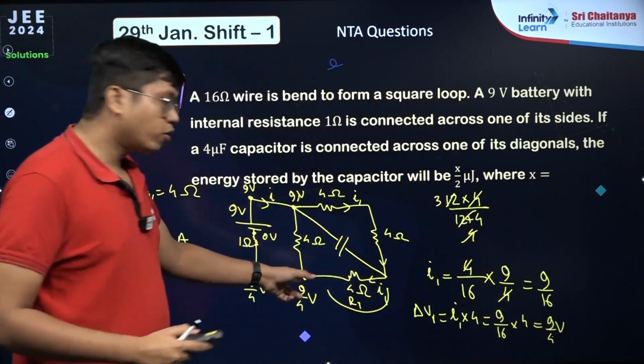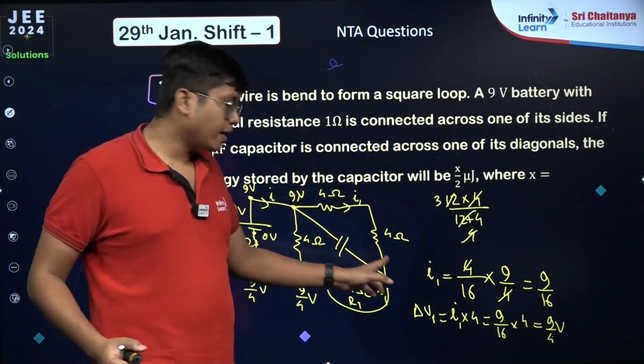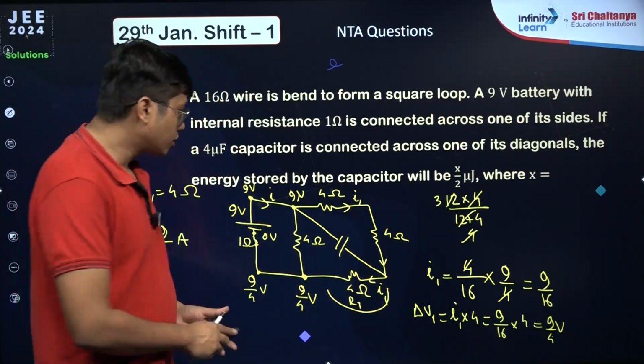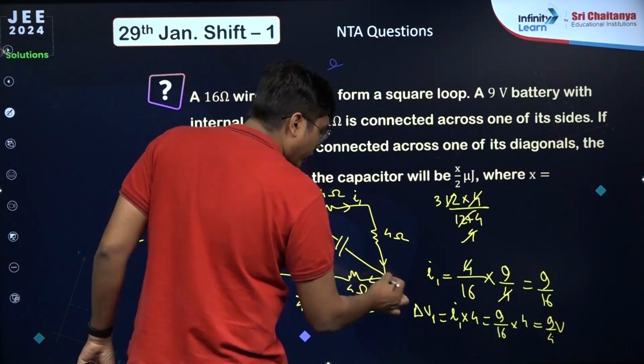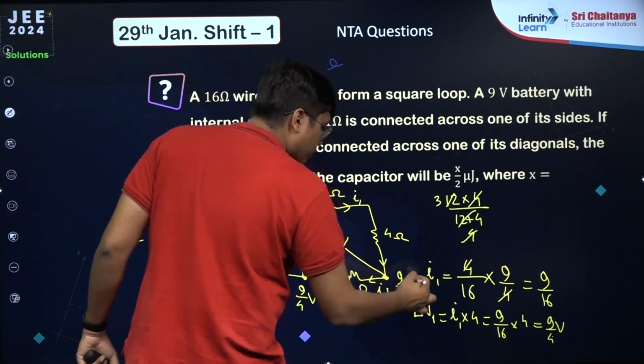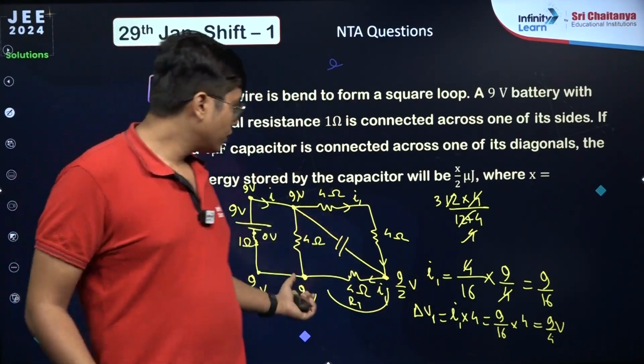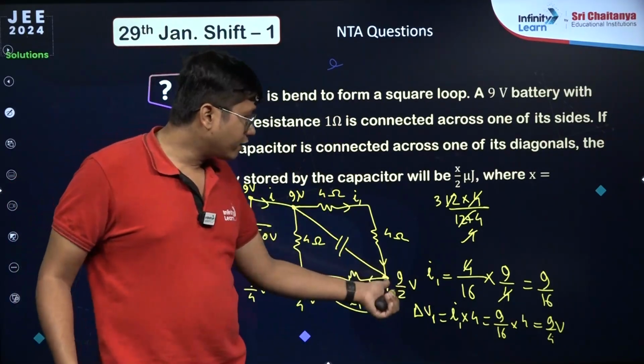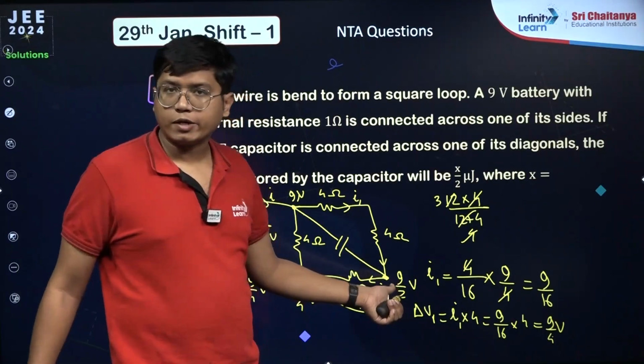So it was 9 by 4 volts here. It increases by another 9 by 4 volts across this. So by the time it gets to this point, you have 9 by 2 volts. 9 by 4 plus 9 by 4. 9 by 4 was already here. Again increased by 9 by 4. It will now become 9 by 2.